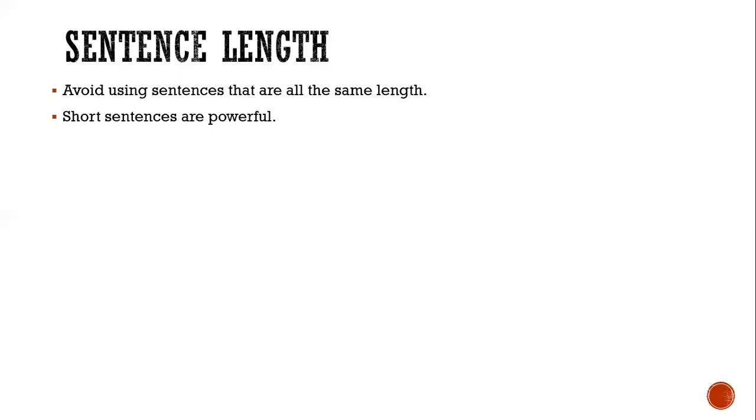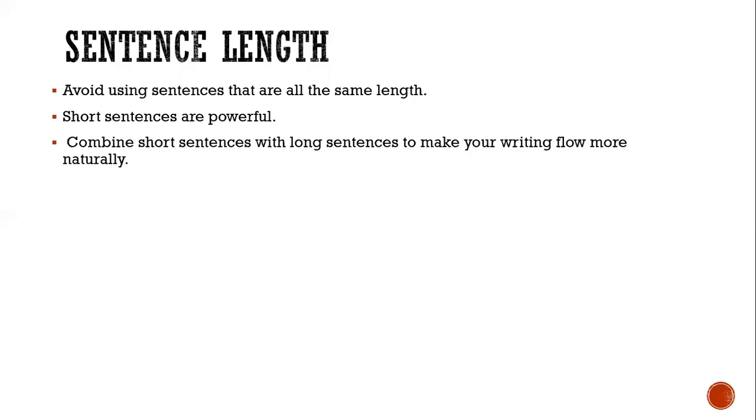Okay, so another thing that you can do to make your paragraph or your writing more interesting is to play with sentence length. So avoid using sentences that are all the same length. Short sentences are powerful, but combine short sentences with long sentences to make your writing flow more naturally.